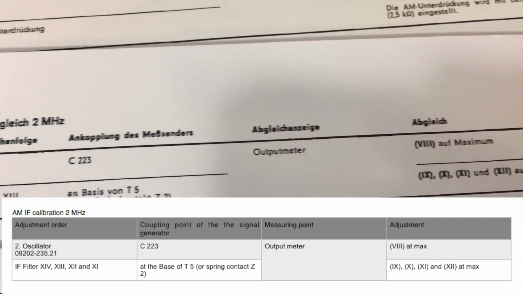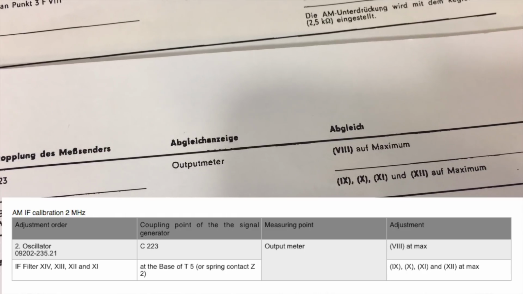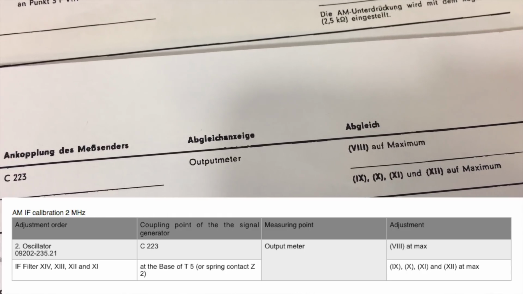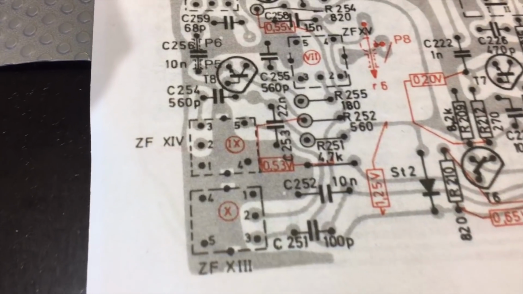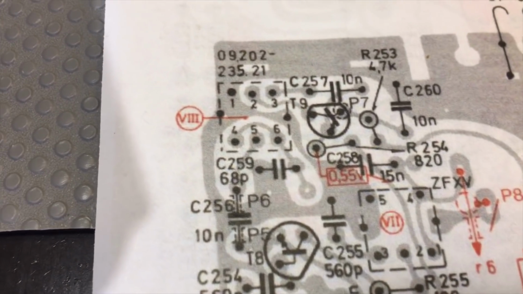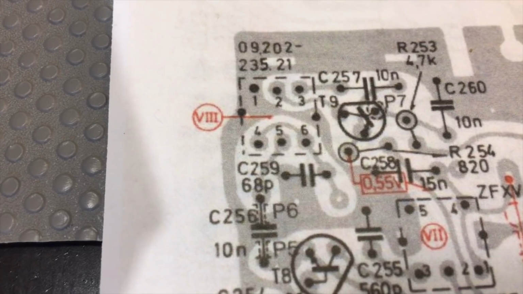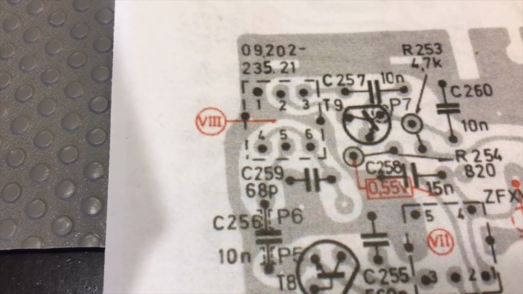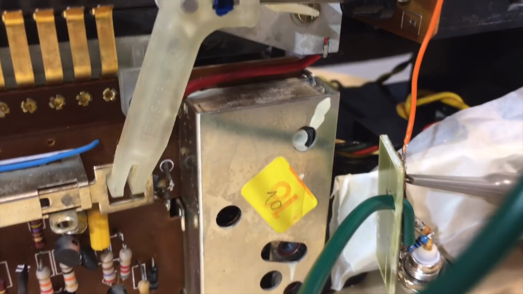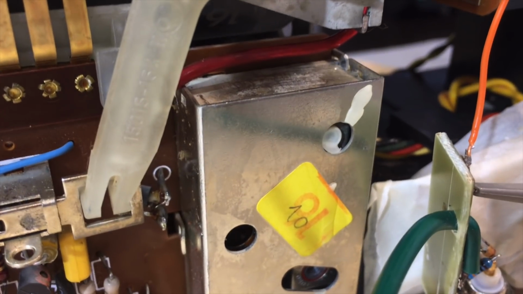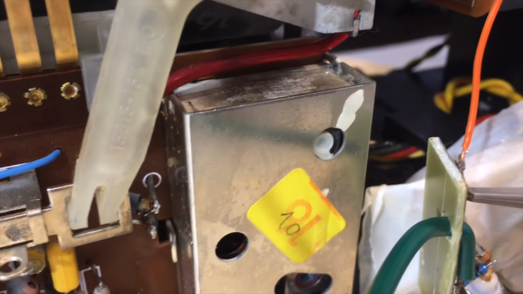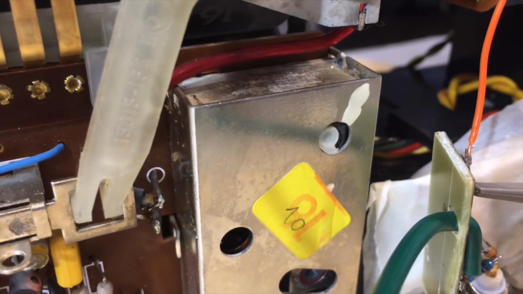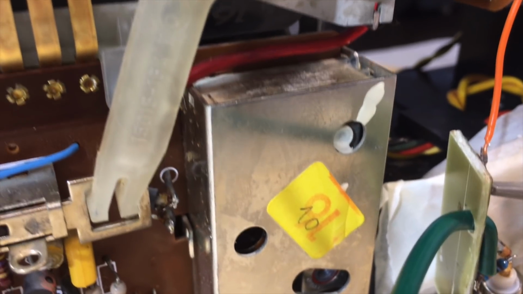I've got to adjust 8 to a maximum. Where is that? Well, at least it seems to be fairly accessible. There's 8 over there. And that seems to be that top guy over there, which seems to be all painted in. Not a good sign.